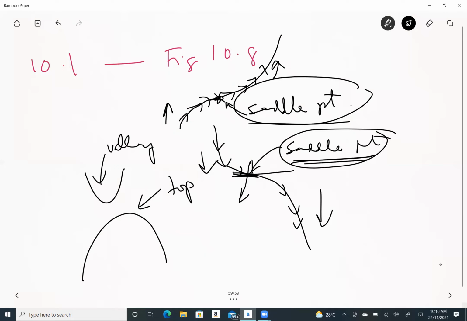Oh, you know what? In 10.1, there are applications where you use the first derivative test. Okay, so I'll give you one or two questions. So 10.1, the application.